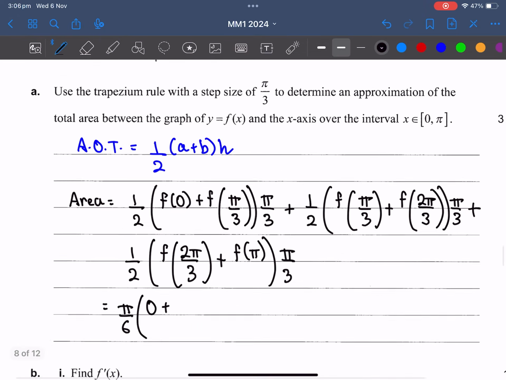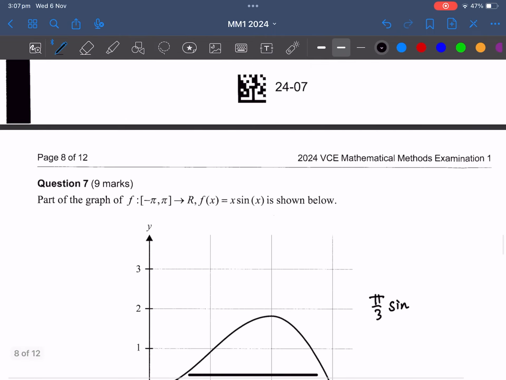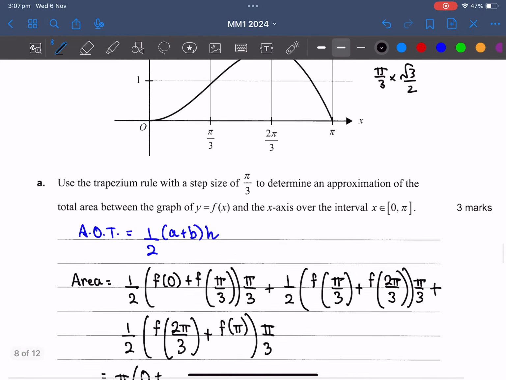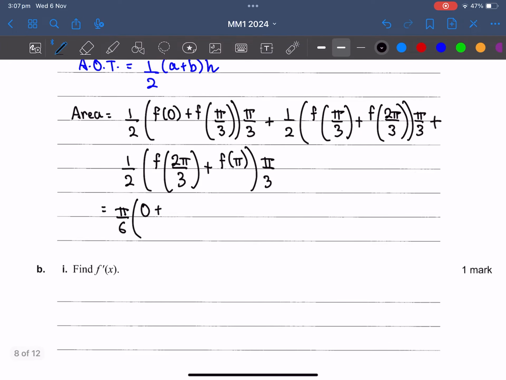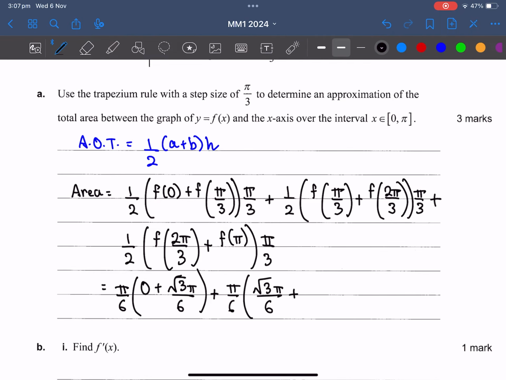f of pi on 3: pi on 3 times sine of pi on 3, so pi on 3 times root 3 on 2, so root 3 pi on 6. So root 3 pi on 6 plus pi on 6 times (root 3 pi on 6 plus f of 2 pi on 3).